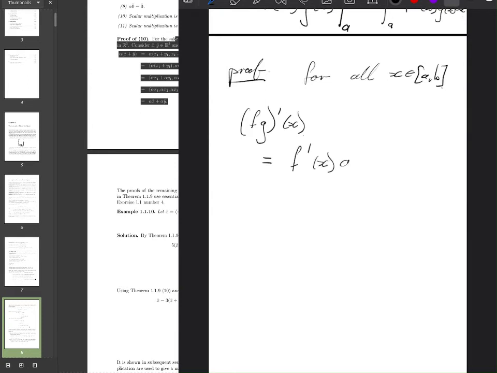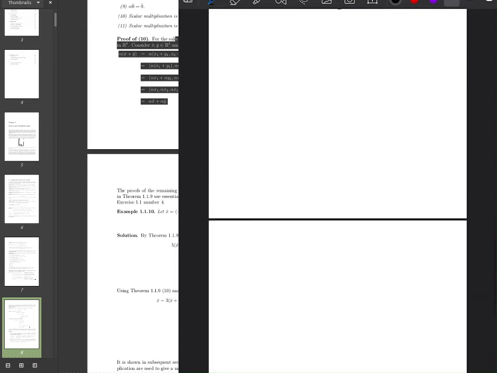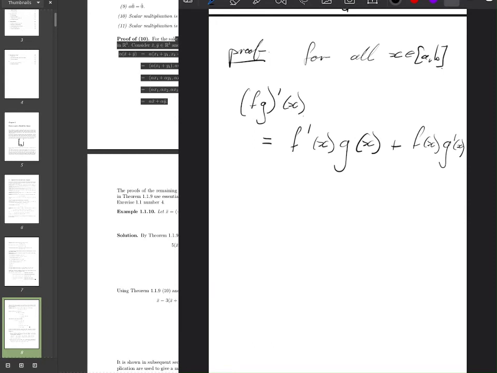That is derivative of f times g plus f times derivative of g. Now we apply the fundamental theorem of calculus, which says the derivative is the inverse operation to the integral. So we take the integral from a to b on both sides.